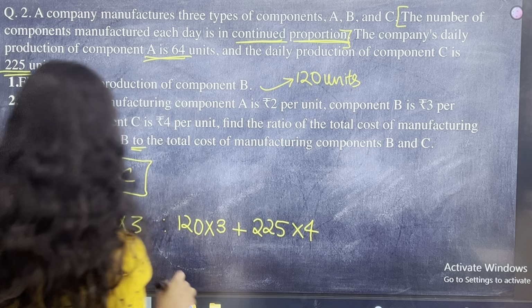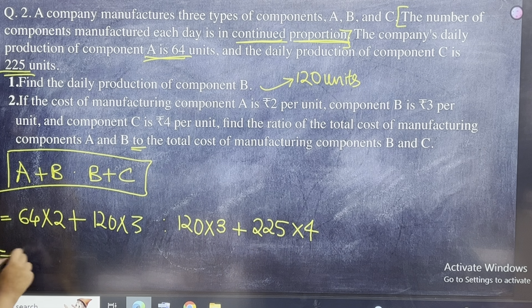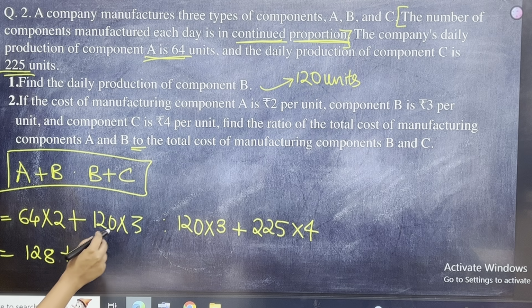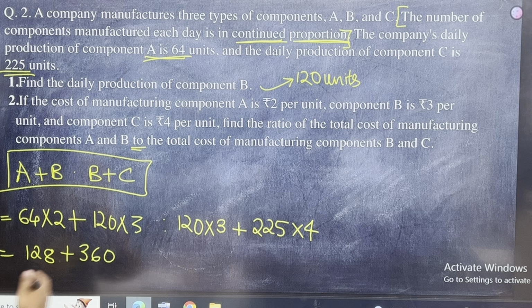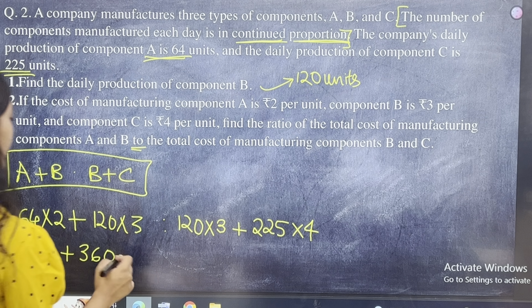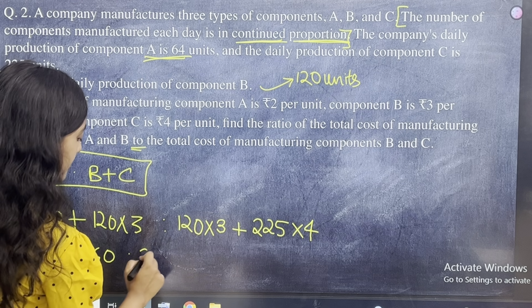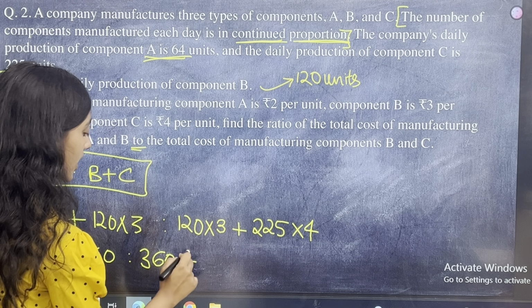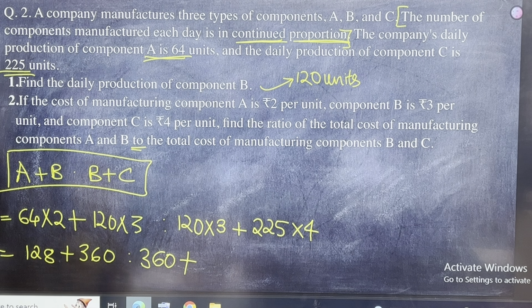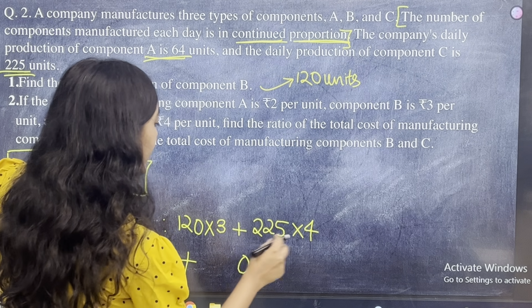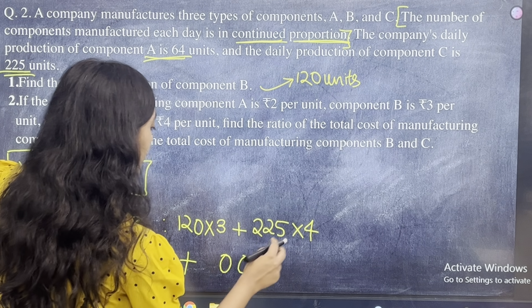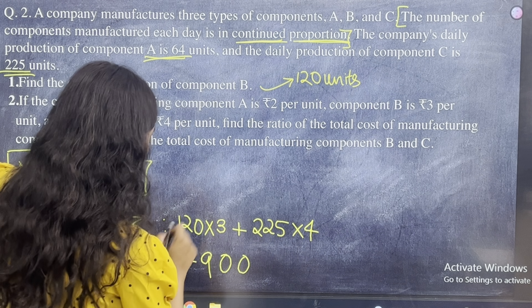Correct? Therefore, it will be 64 into 2, 4 2s are 8, 6 2s are 12, 128, plus 120 into 3 is 360, is to 360 plus 225 into 4. 5 4s are 20, 2 in the mind, 4 2s are 8, 9, 10, 1 in the mind, 4 2s are 8, 900.